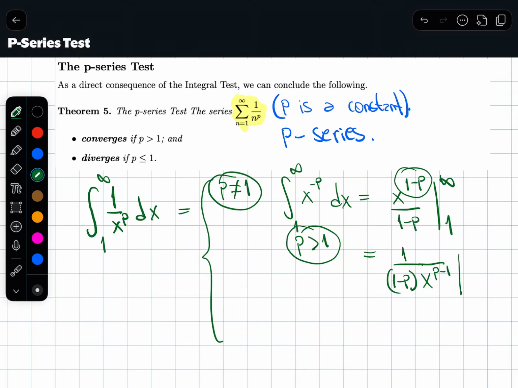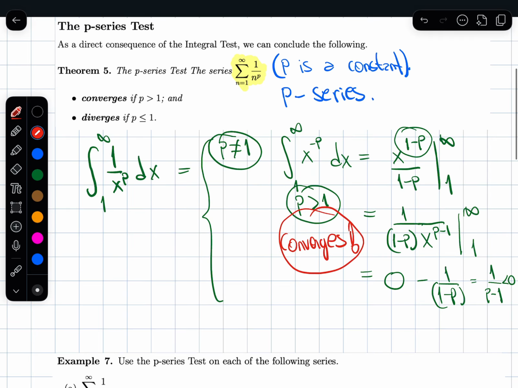So this is what you have, and you evaluate it from 1 to infinity. If p is bigger than 1, then this is a positive exponent. So when I plug in infinity, basically I take a limit of this, and this will be 0, minus plugging in 1, which is 1 minus p. So I just get 1 over p minus 1, which is finite. And so the series converges by the integral test.